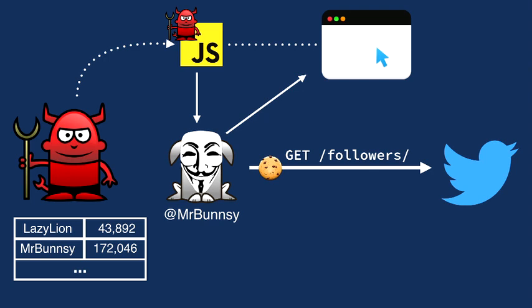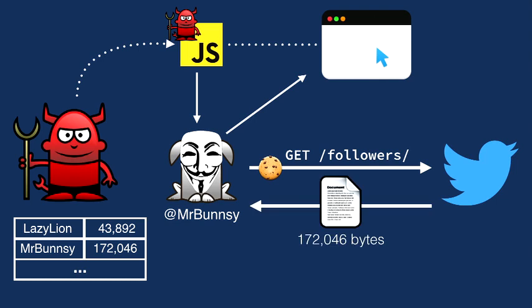And because Twitter is unable to differentiate between this request and the previous one, it will send exactly the same resource again.